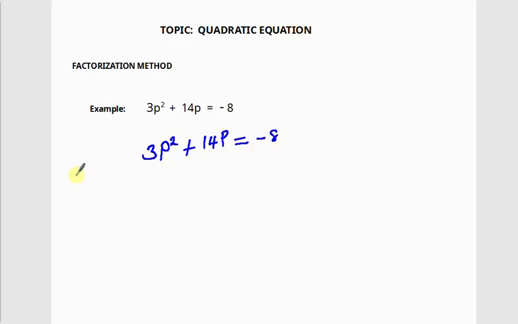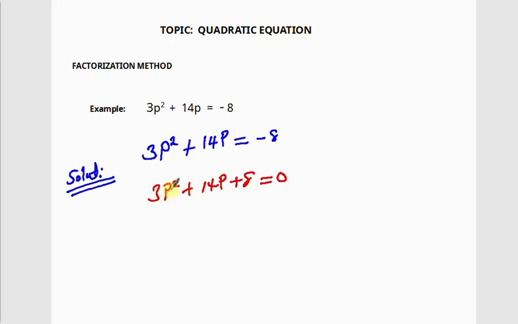Right? You bring it to the left hand side. We have our 3p squared plus 14p plus 8. When this minus 8 comes to the left hand side, it becomes a positive sign, so here will be equal to 0. Right?